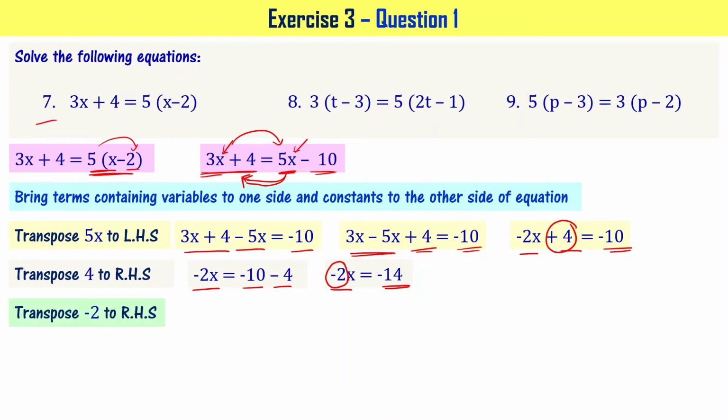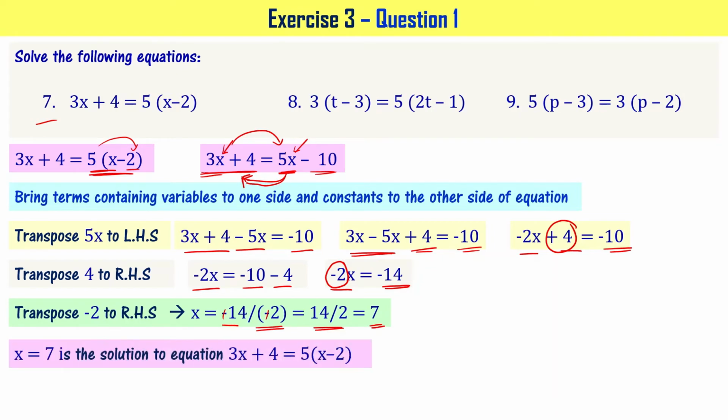When you transpose minus 2 to other side, the equation becomes x equal to minus 14 divided by minus 2, right? I can cancel this minus and this minus first, so that I can write it as 14 by 2, that is equal to 7, right? So to answer the question, x equal to 7 is the solution to the equation 3x plus 4 equal to 5 times x minus 2. Got it?